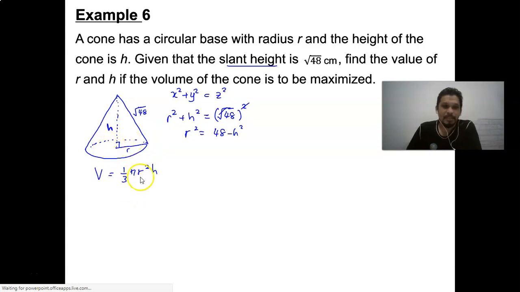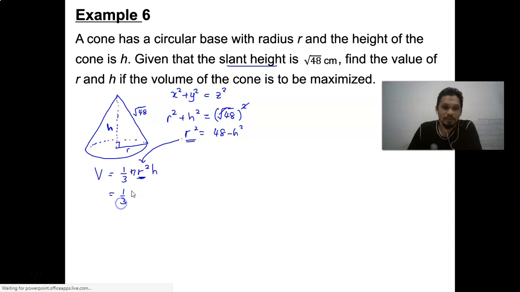Okay, so then here now look at this one, r square, and we also have r square here. So let's substitute the equation of r square, 48 minus h square, into this r square.